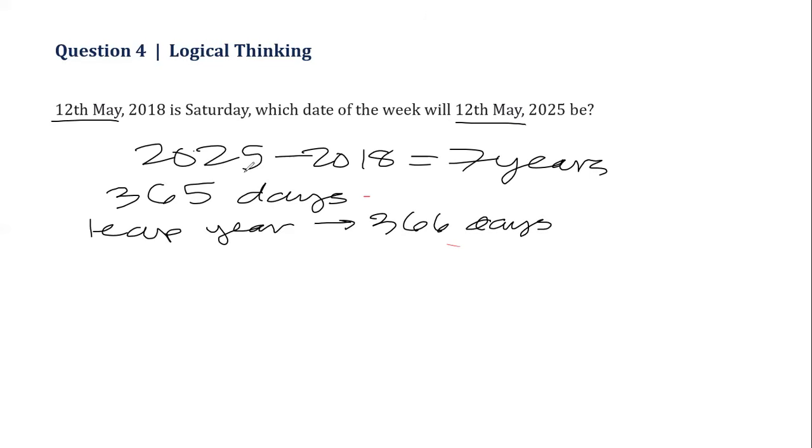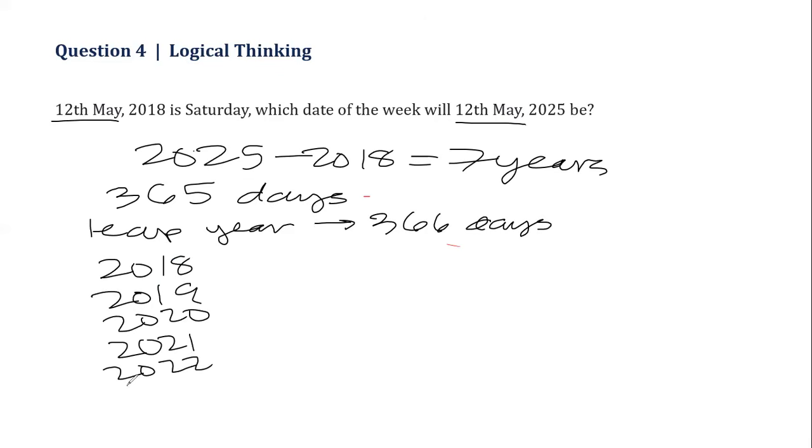So in between 2018 and 2025, we have 2 leap years, I think. 2022, 2023, 2024, 2025. Okay, so these are the years. If you want to check it for yourself, the leap years are 2020 and 2024.